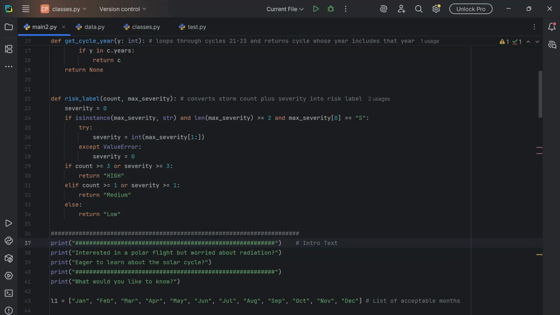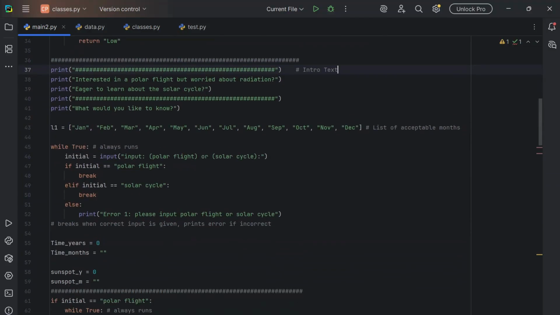month that you're in. We start off by printing these two bars, and we have a question of whether or not the user is interested in a polar flight or worried about radiation, or maybe they're just interested to learn about the solar cycle. So we start with the question, what do you want to know?